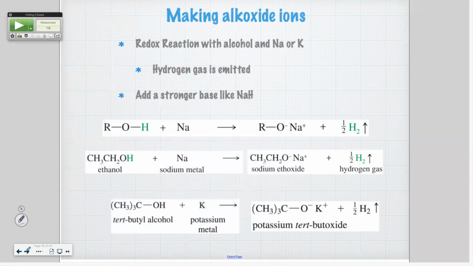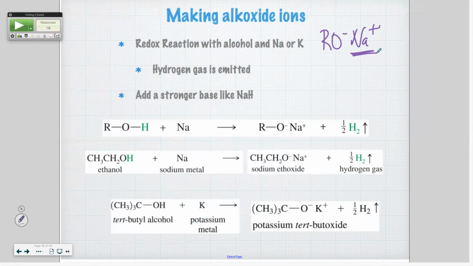Okay, to make alkoxide ions, which are RO minus Na plus, and the Na can be different things. It can be sodium or potassium or lithium. We use these as nice bases back in the last semester, right? To do elimination reactions.